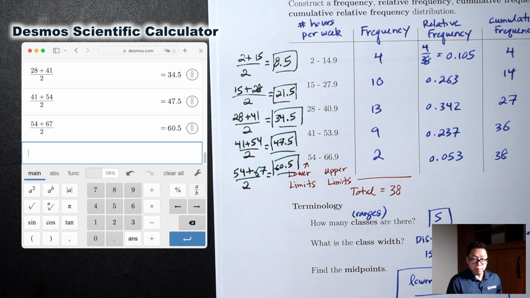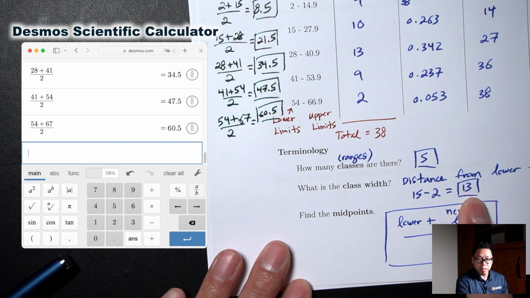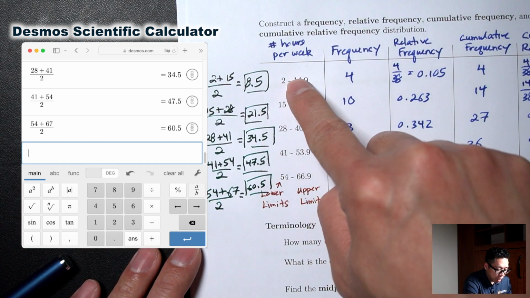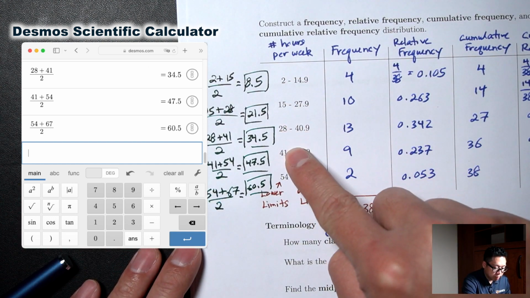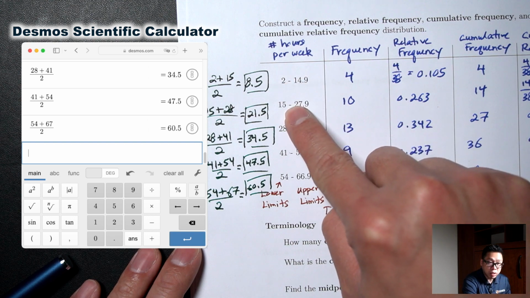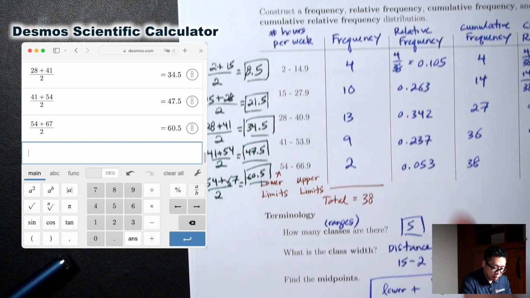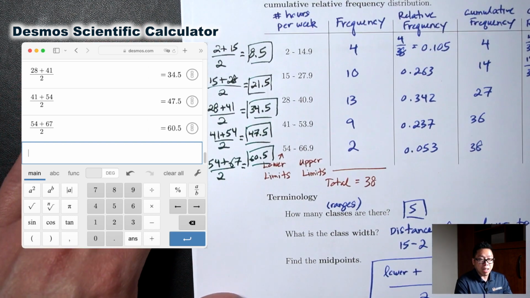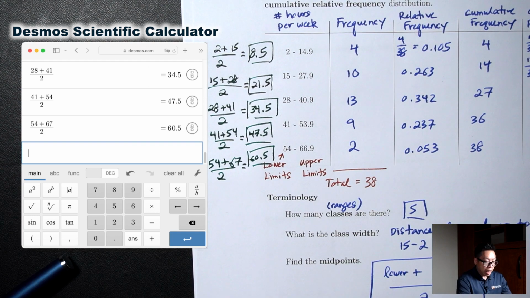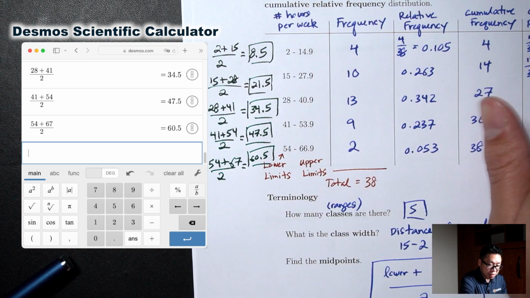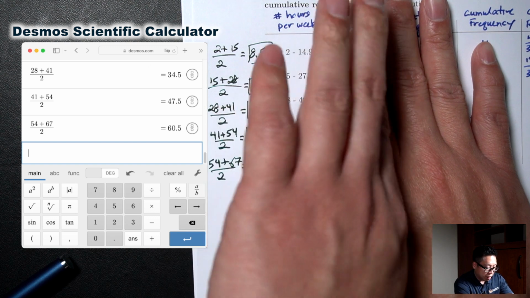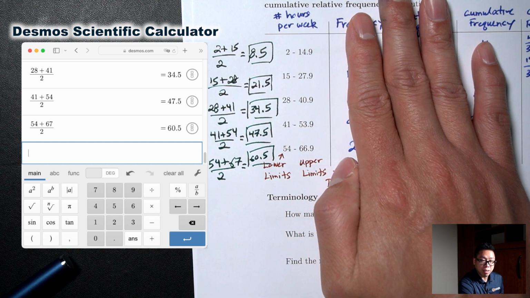Okay, that's one way to do it. Another way to do it is we know the class width, right? Once you know how much each of the lowers are going up by, we know it's going from 2 to 15 is 13, 15 to 28 is 13. That's the class width. Once you know the class width, everything on this side is going to go up by 13 also.